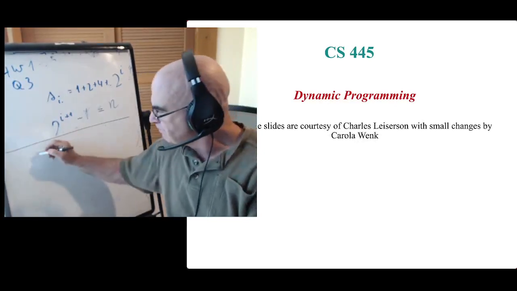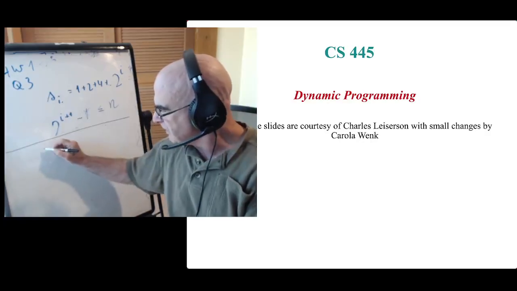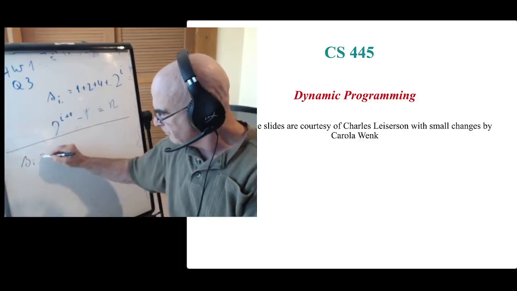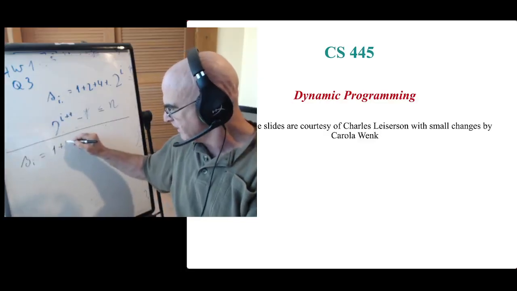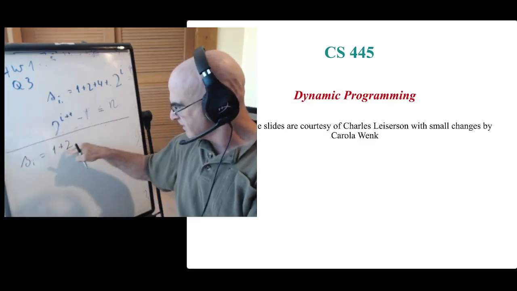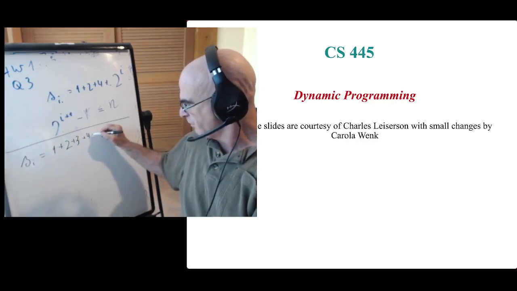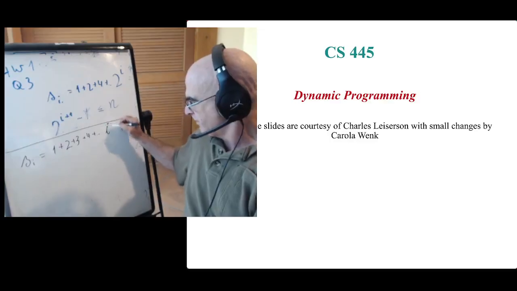Question 2, people got correctly to the idea that we had some number s_i, which increased by i at each iteration: 1 plus 2 plus 3 plus 4 plus all the way up to i.